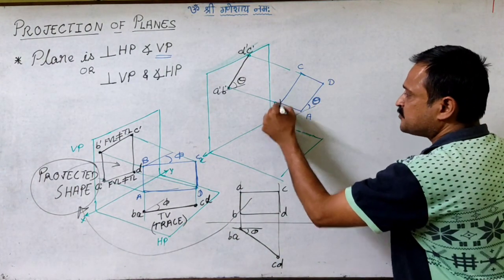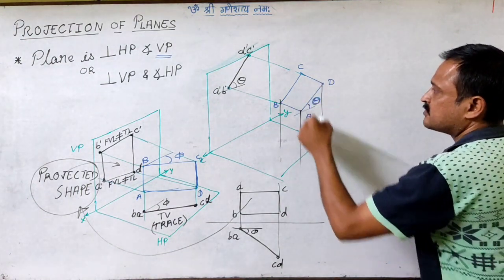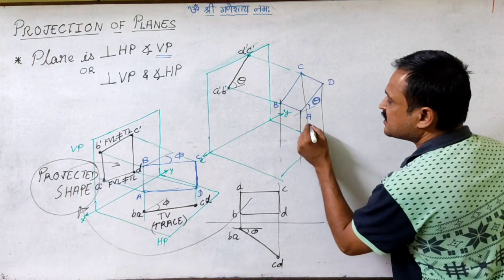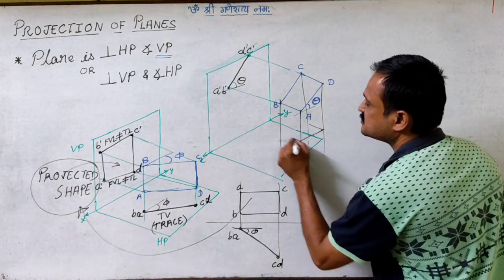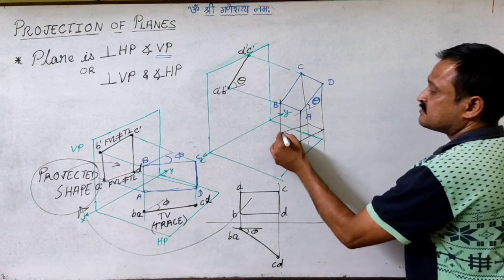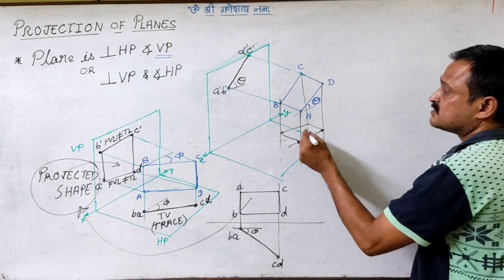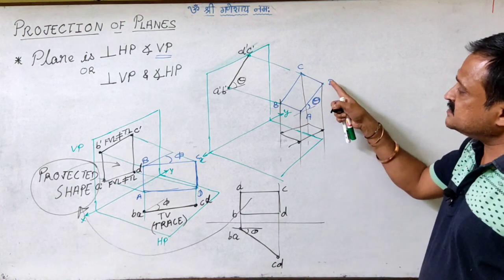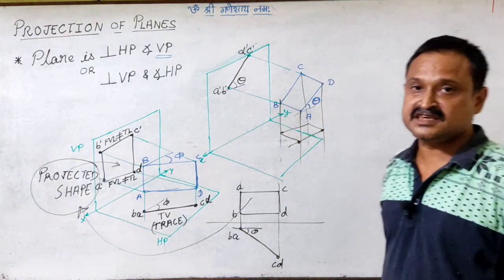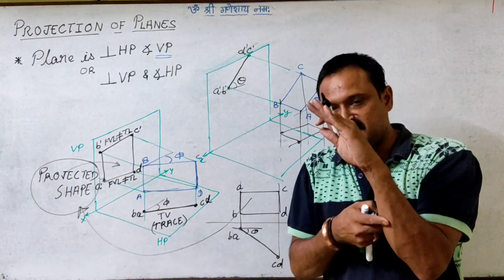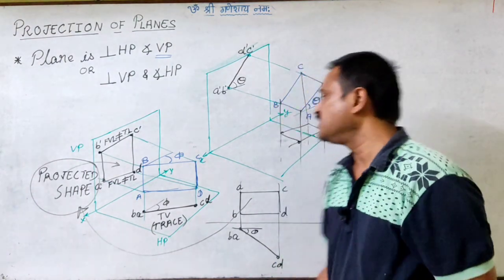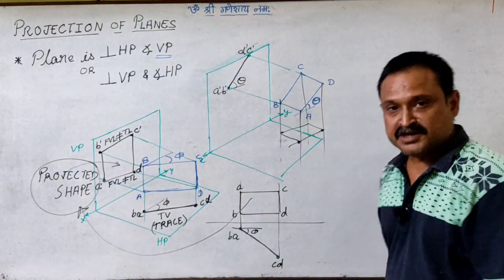So when we drop the projector for the top view, we are able to see the top view image to be this, wherein in this case again, as you see, the edges AD and BC are inclined to HP, so their projected lengths will be transferred to the top view.